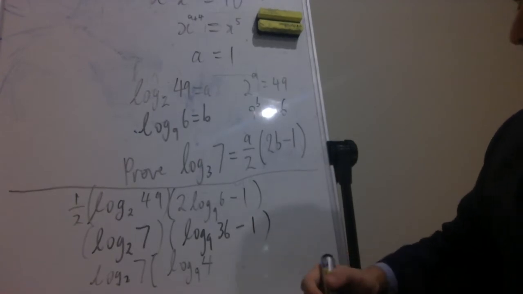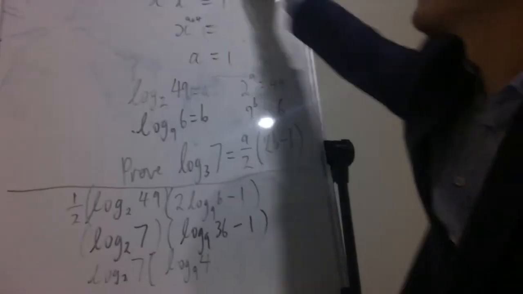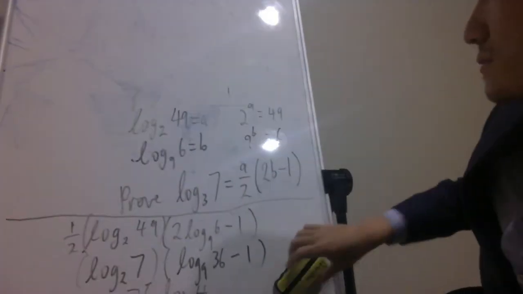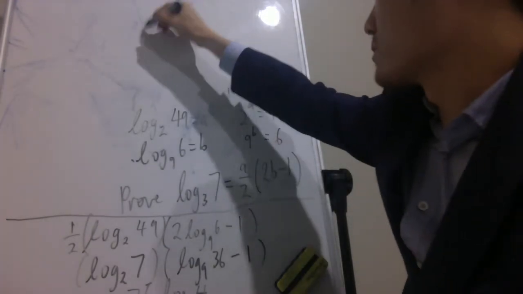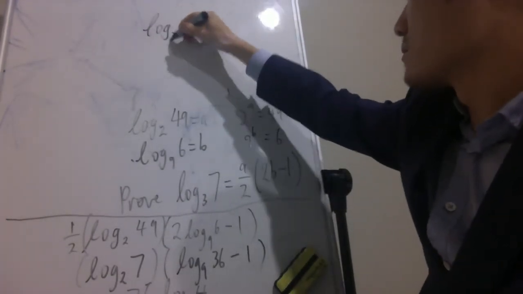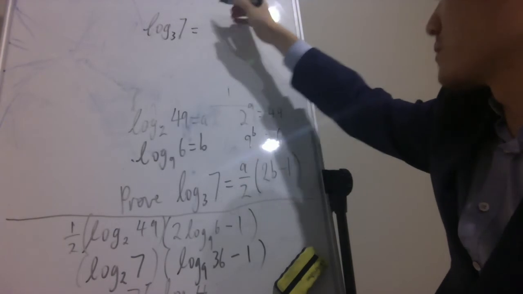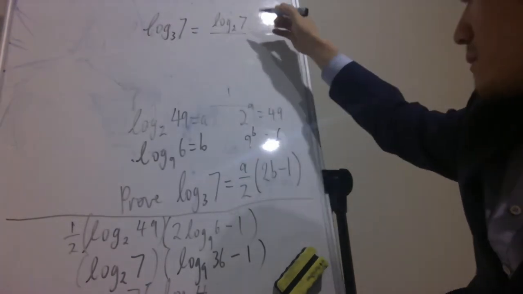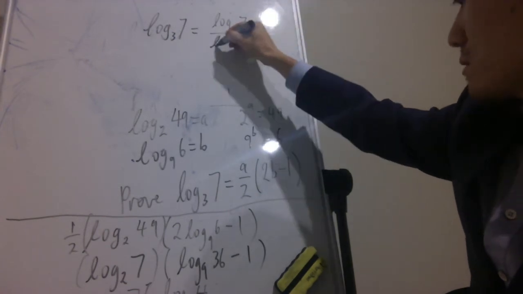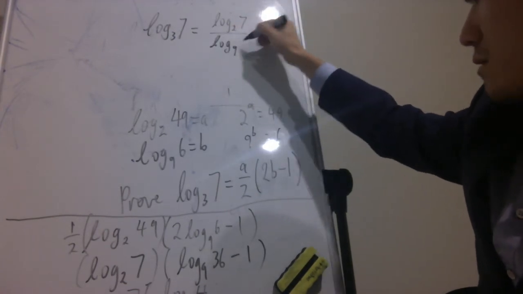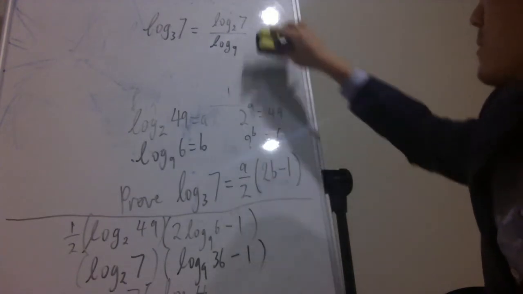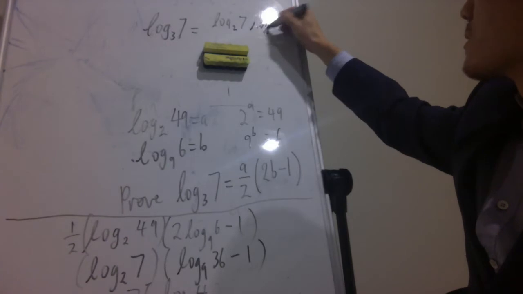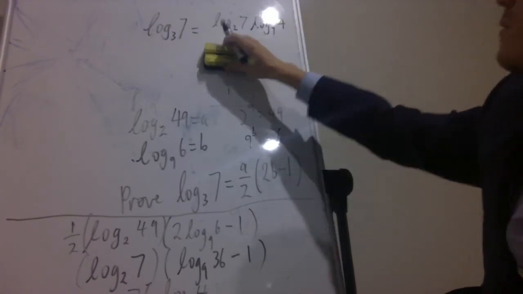Yeah. So basically what's happened is you want to now show log 3, 7 is equal to log 2, 7 over log 9, times log 9, 4, yeah?